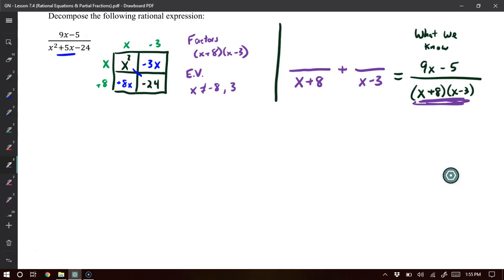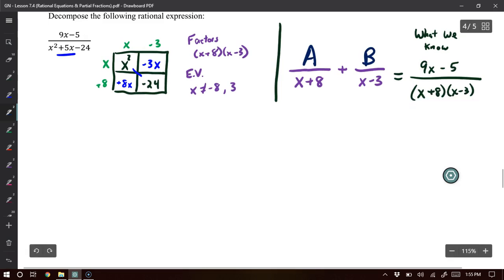So we use our factors to create the two fractions. But we have no idea what goes on the top. So we use a capital A and a capital B for what goes on top.